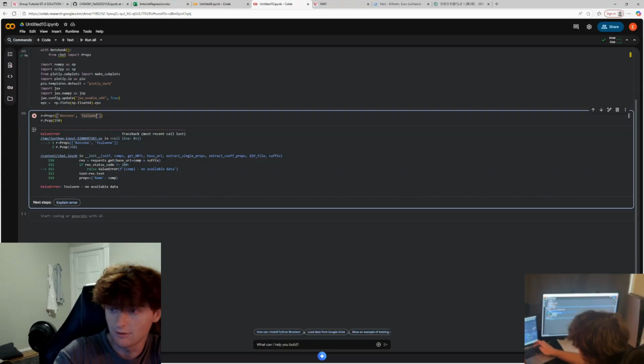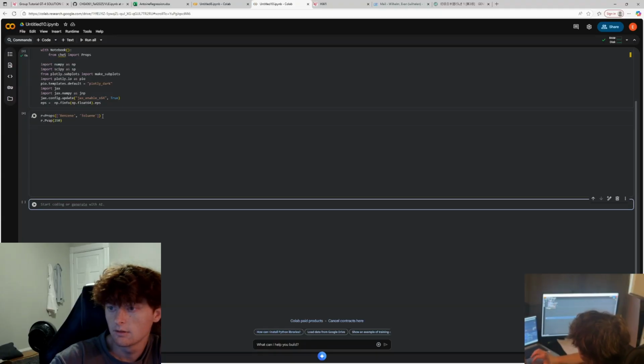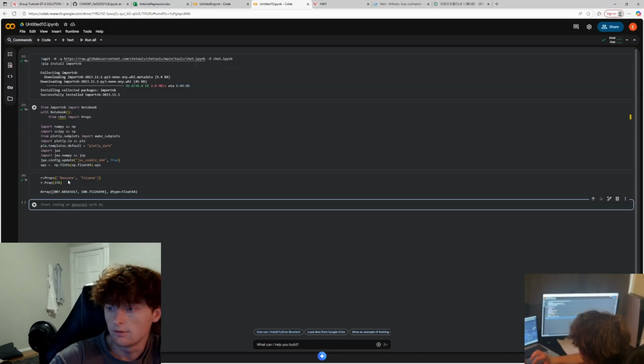Okay, I see what we're doing. TOLUENE. There we go. And then shift enter. Yeah, so there's our array. So that would be the vapor pressure for benzene at 250 and the vapor pressure for toluene at 250.